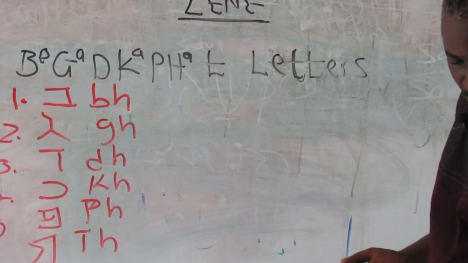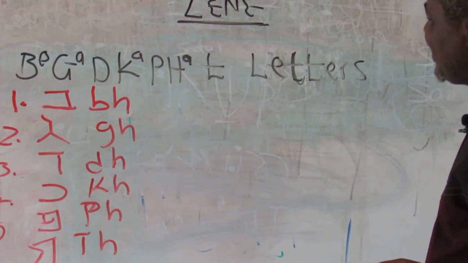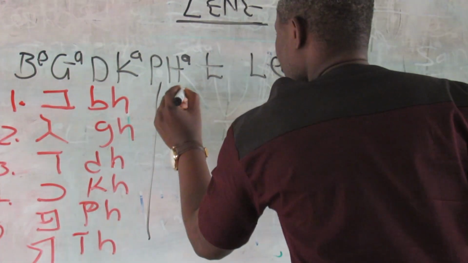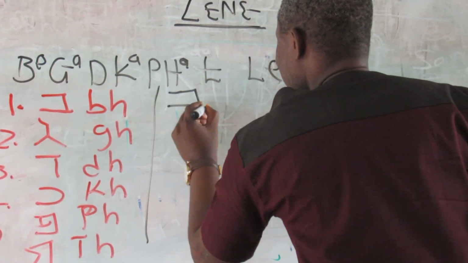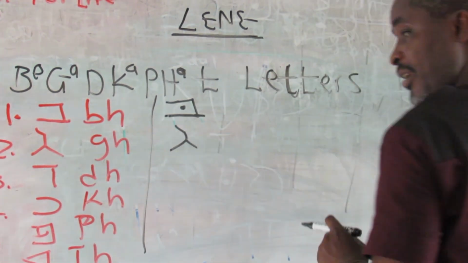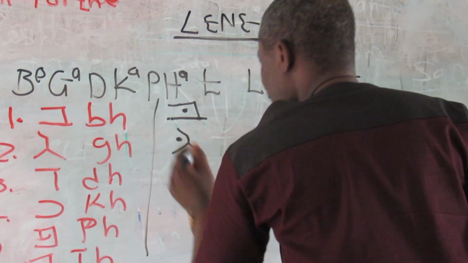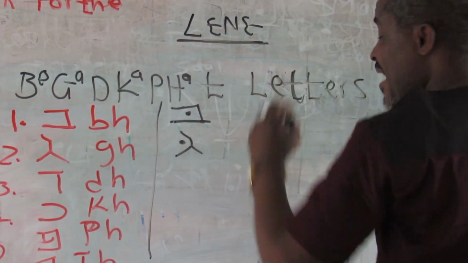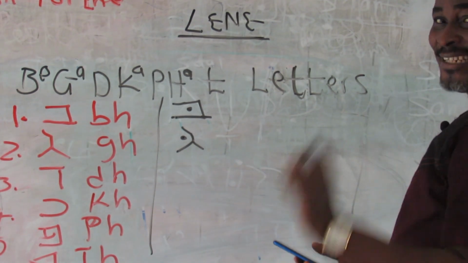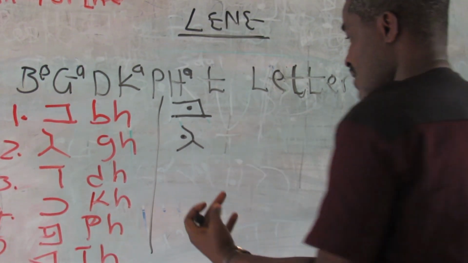But immediately when you insert the Dagesh Lini, it makes it hard. The reason for Dagesh Lini is to add hardness to a letter. It's just a matter of pronunciation.